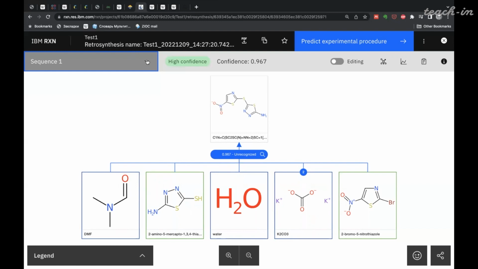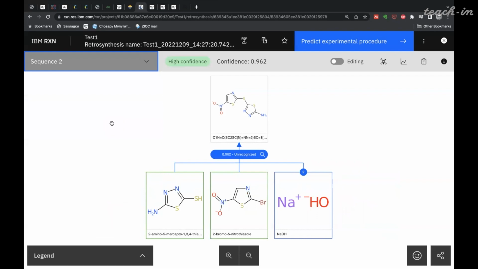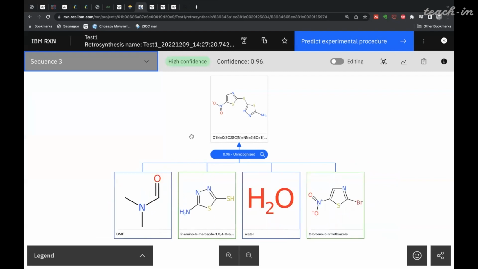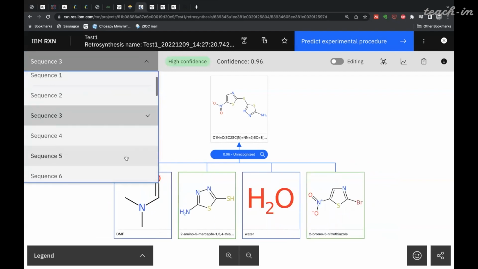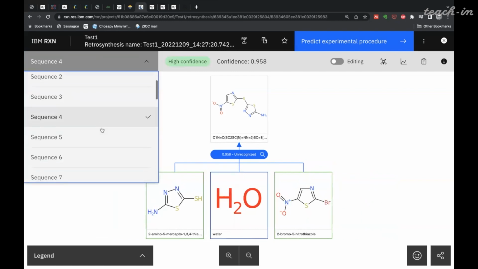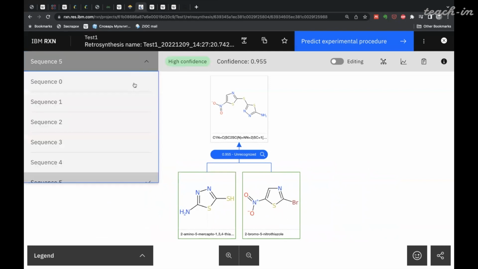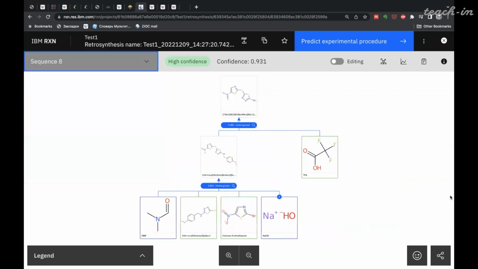These sequences differ in confidence and differ in the set of proposed precursors. So you can analyze all the proposals. A two-step synthesis was also proposed.